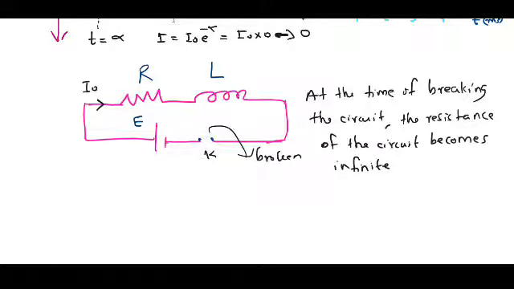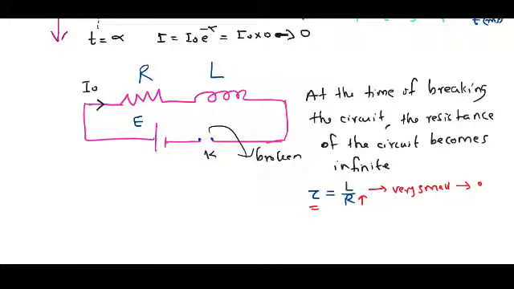That means the relaxation time tau is equal to L by R. If R is very large, then the ratio L by R, the relaxation time tau, will be very small and tends to 0.